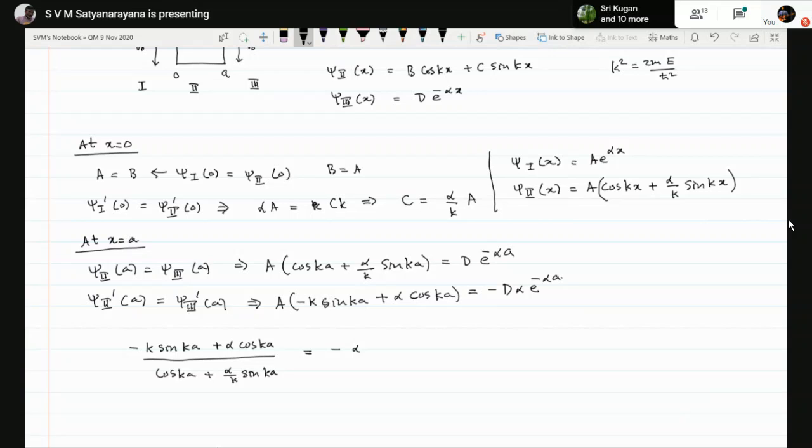So this equation is somewhat like our previous equation. This is the equation that we have to use to solve for the allowed values of k.